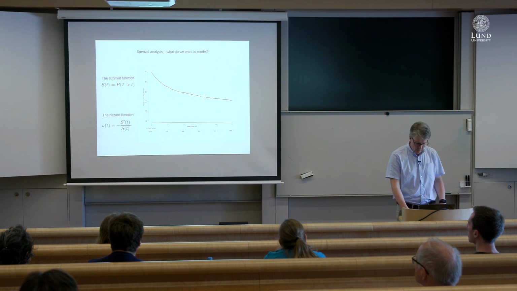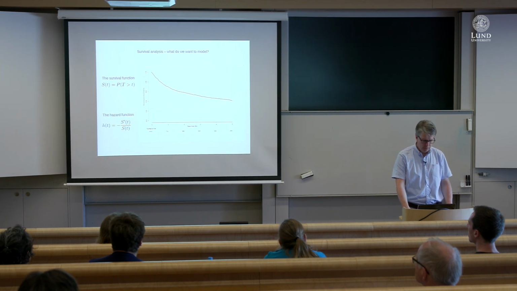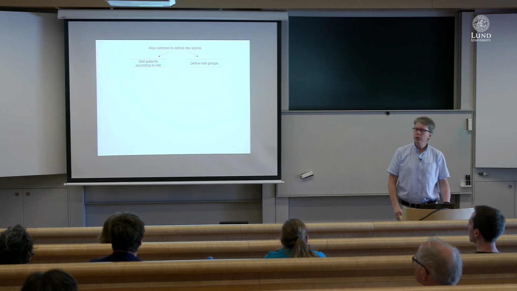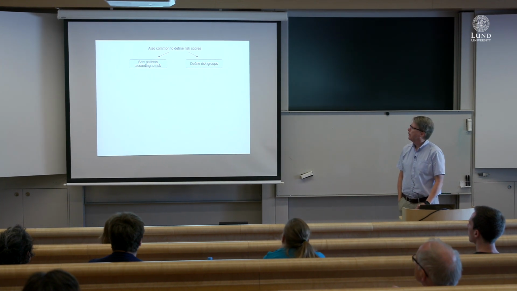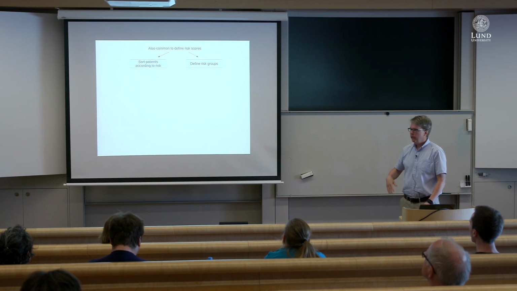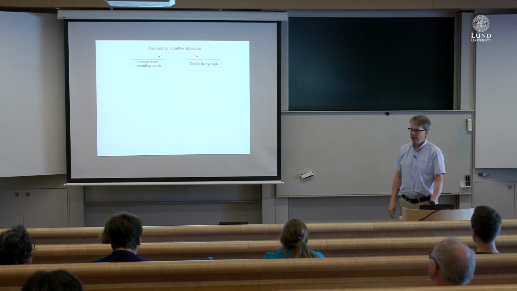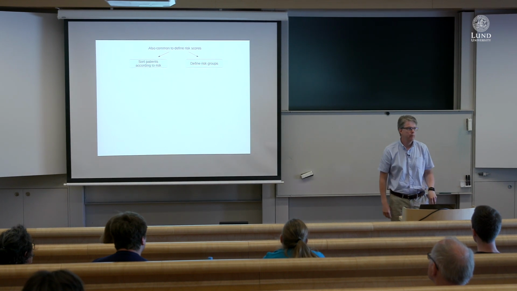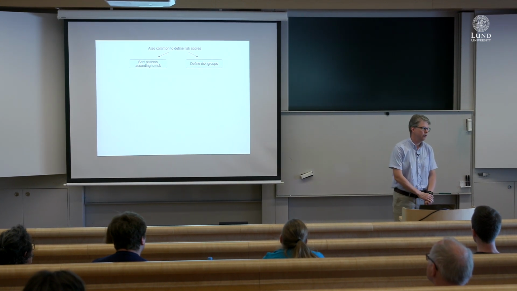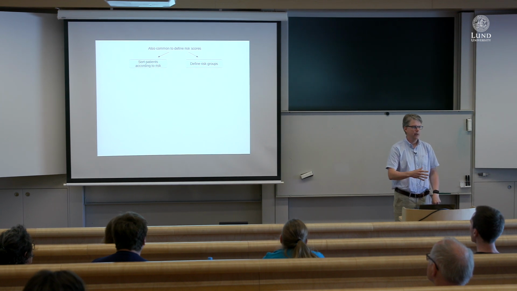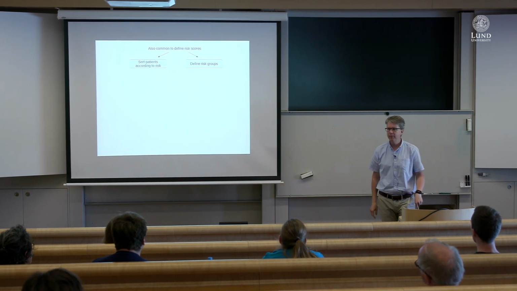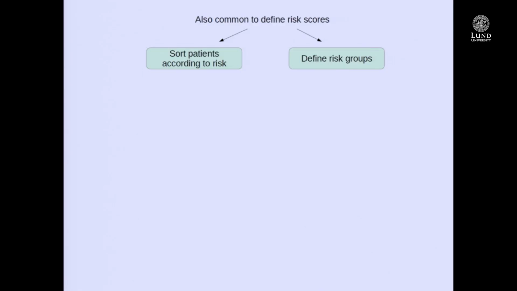But it's also quite common in these data sets to define risk scores. Instead of trying to predict event time, which in most medical data sets is notoriously difficult, since having a model that actually predicts the event time is typically extremely difficult, you build risk scores with the aim of being able to sort a cohort according to event time.